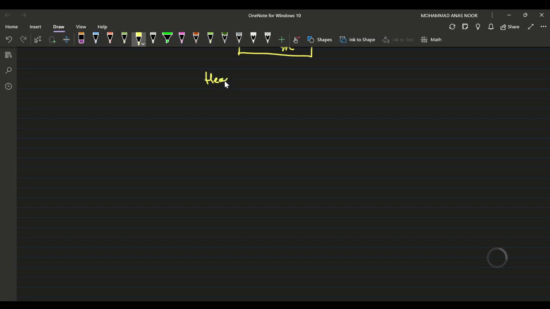Heating effect of current. It's very easy. Already done most of it in class 10th. When current passes through a resistance, it produces heat.